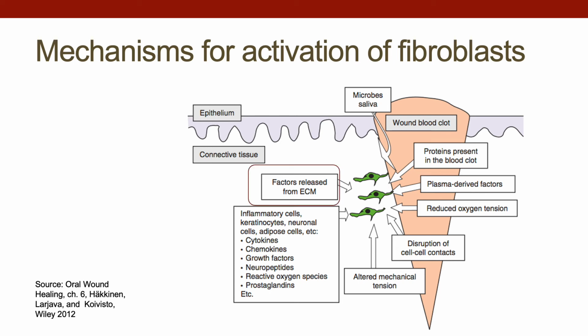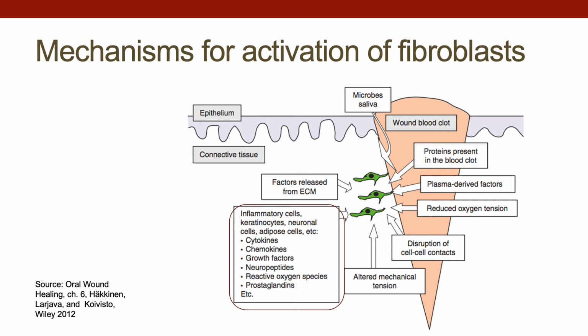It could be factors that are released from the extracellular matrix in the connective tissue. It could be inflammatory cells, either ones that came in through inflammation or were tissue resident but got activated. It could be keratinocytes, neuronal cells, or adipose cells that release various compounds in response to the injury: cytokines, chemokines, growth factors, and so forth.